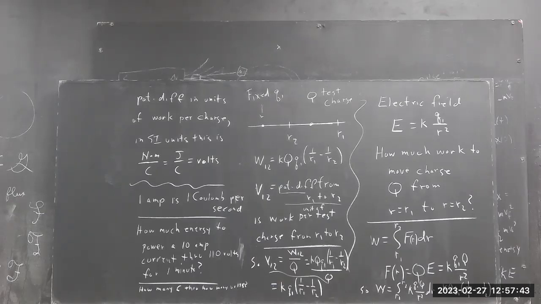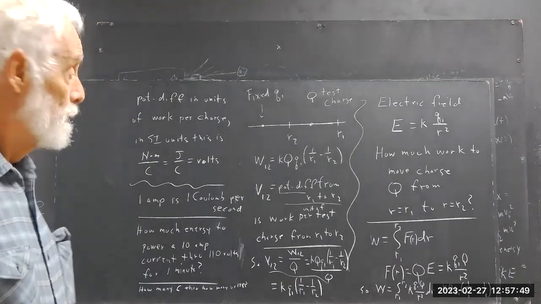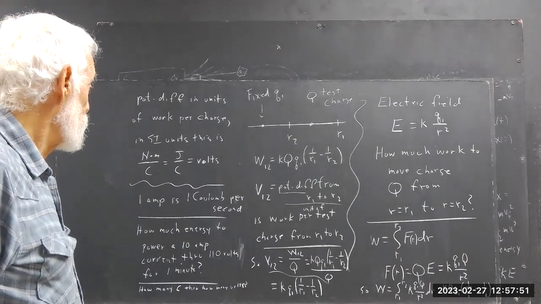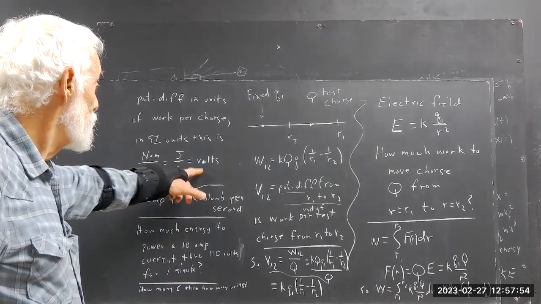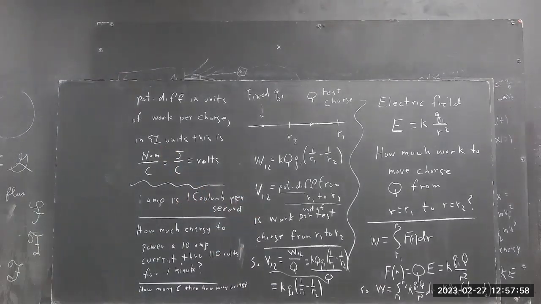I just added a hint here: how many coulombs go through how many volts. And a volt is a joule per coulomb. If you know how many coulombs go through how many volts, you can figure out how many joules.